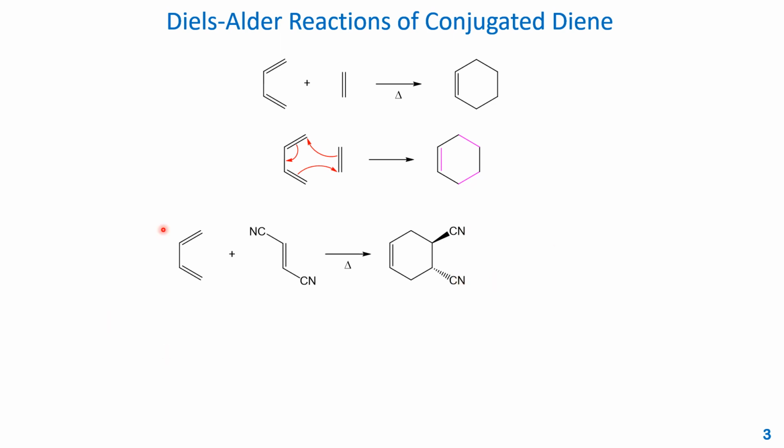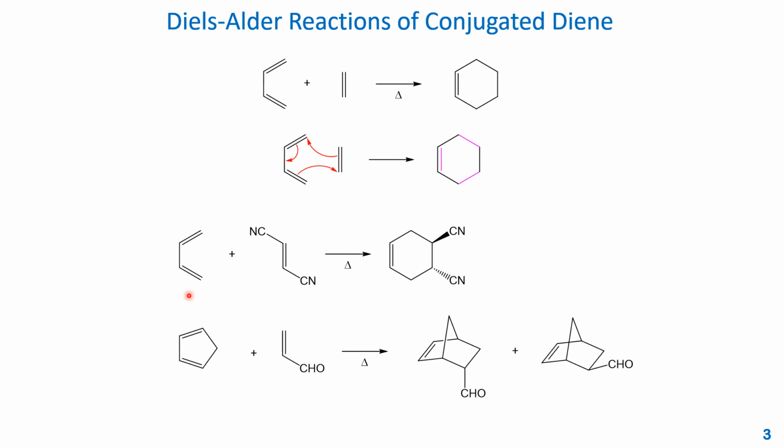And if the diene is locked as a cyclic diene, for example, this is a cyclopentadiene, then reacting with the dienophile will give you a bridged bicyclic product. You can see this carbon, the bridge carbon here, was this carbon here.